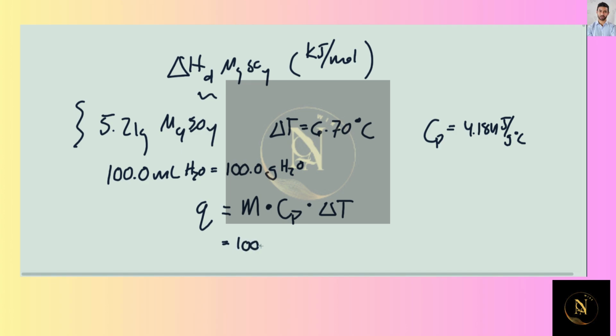That is, we get 100.0 grams times 4.184 joules per gram per degree C times 6.70 degrees C. So 100.0 times 4.184 times 6.7, I get 2,540 joules.